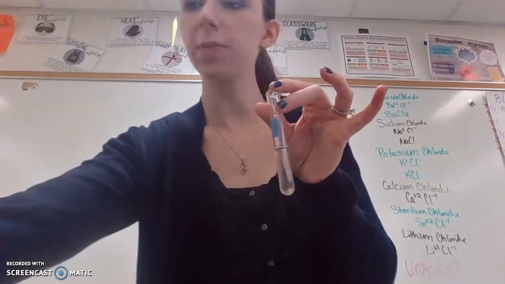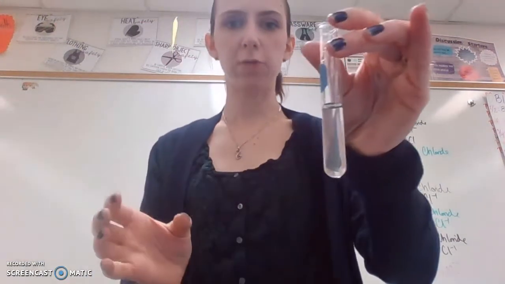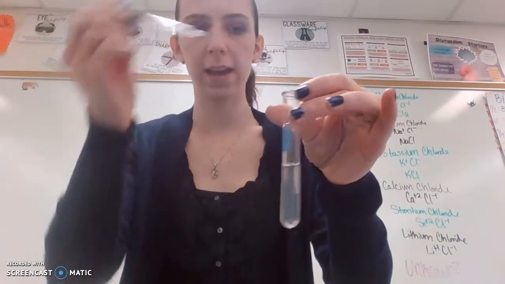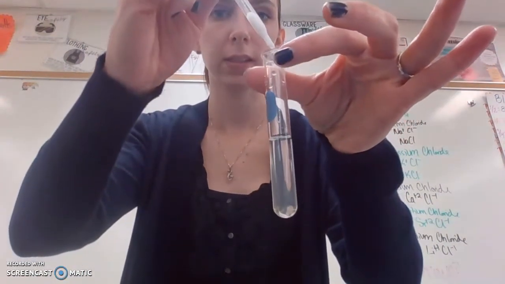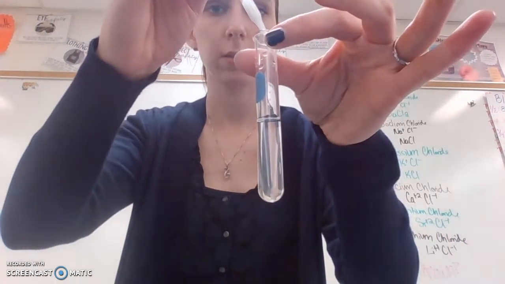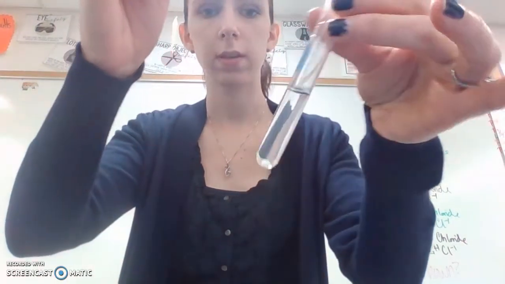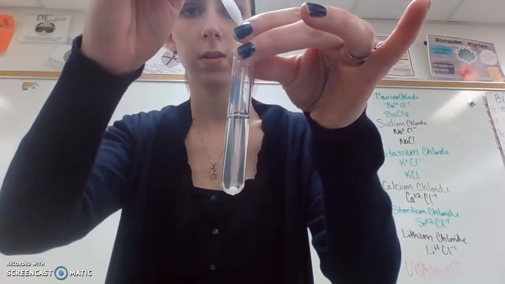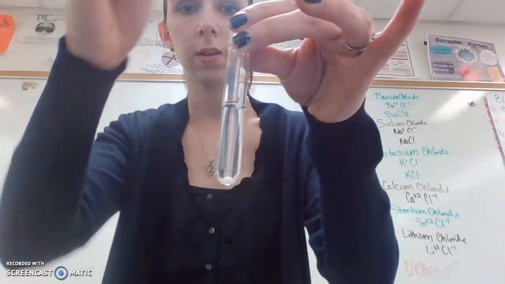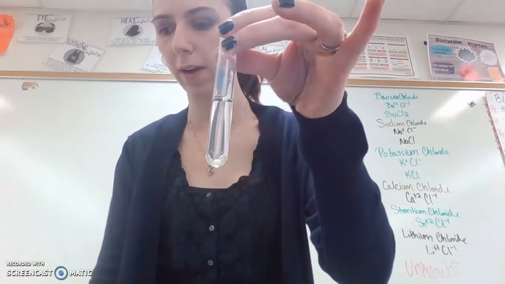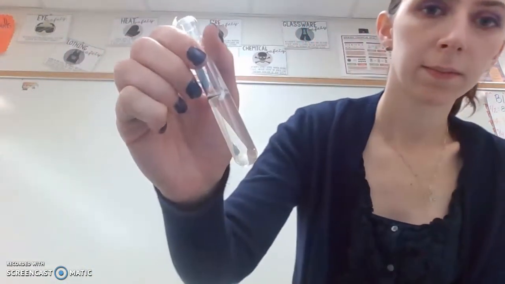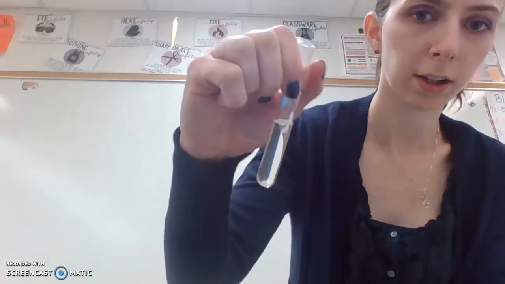So our test tube is half full, and we just need a few drops. See, it's relatively clear, a little cloudy white color. So let's add our drops and see what happens. Even adding 1 drop, here's 2 drops of our antacid on a darker background.